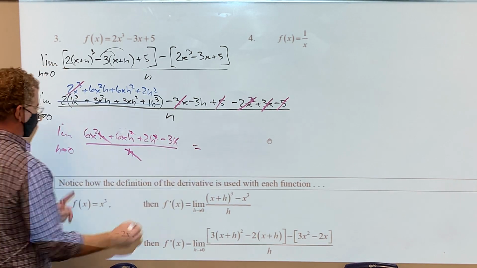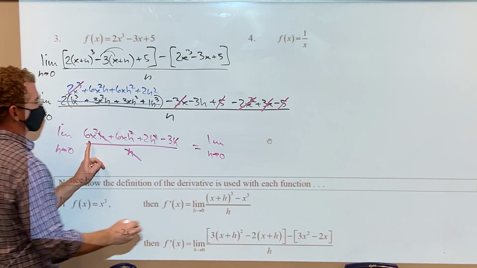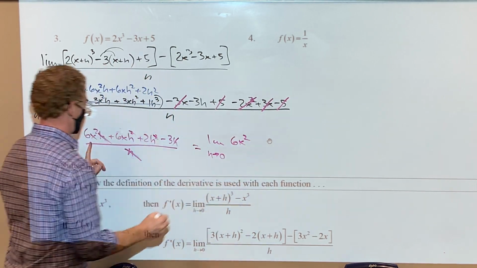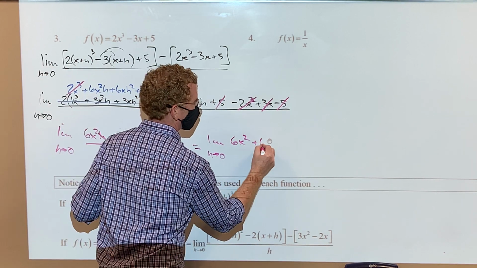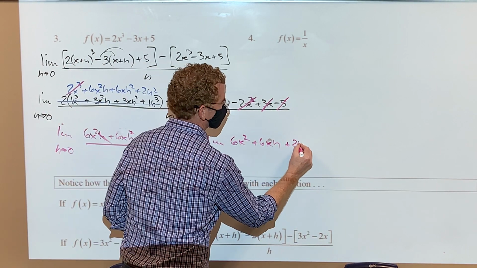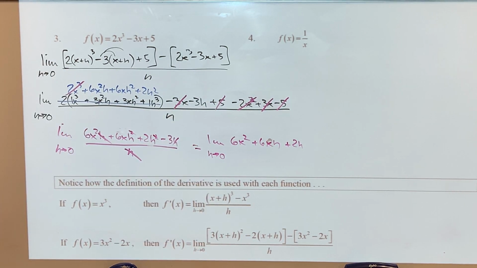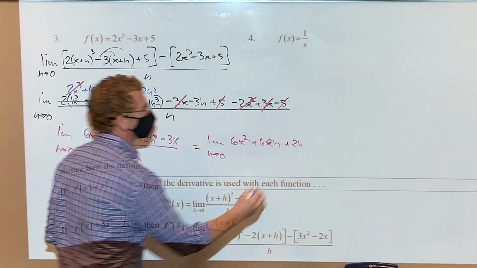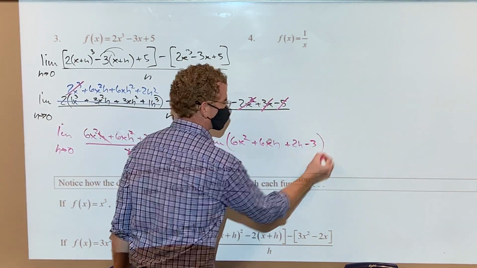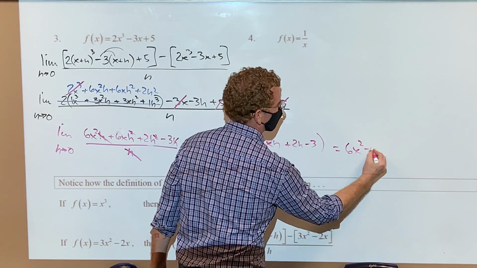And now I'm left with the limit as h goes to 0 of 6x squared plus 6xh plus 2h squared, and then minus 3. And what should happen when I plug a 0 in there? The h's are canceled out, and, oh, -3. So when I plug a 0 in there, that goes away, and I'm left with 6x squared minus 3.